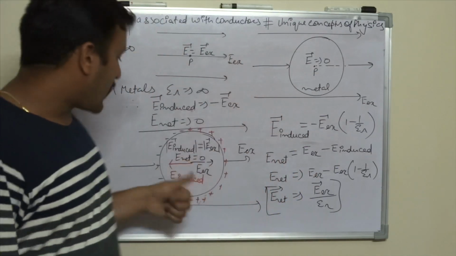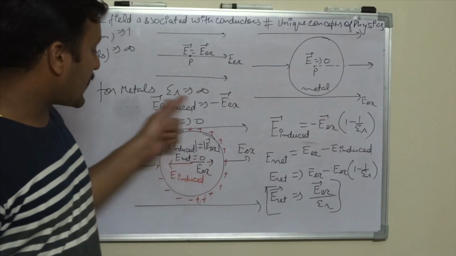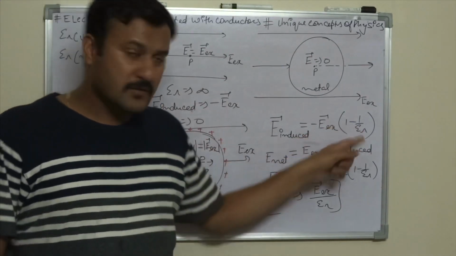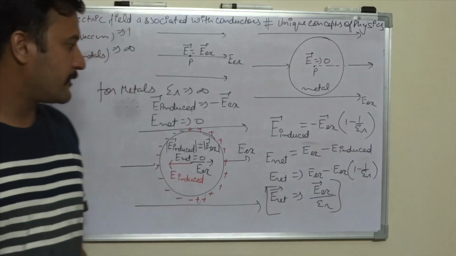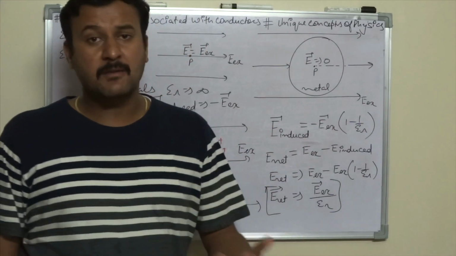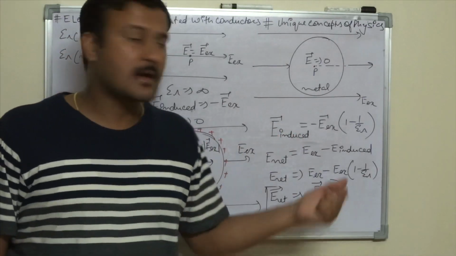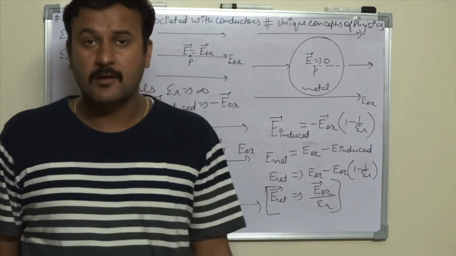Likewise, since we are talking about the induced field in metals, we would take the dielectric constant of metal, which is infinity, as we all know. And this negative sign indicates a very important fact, that the induced electric field is always induced in the opposite direction of the external field.